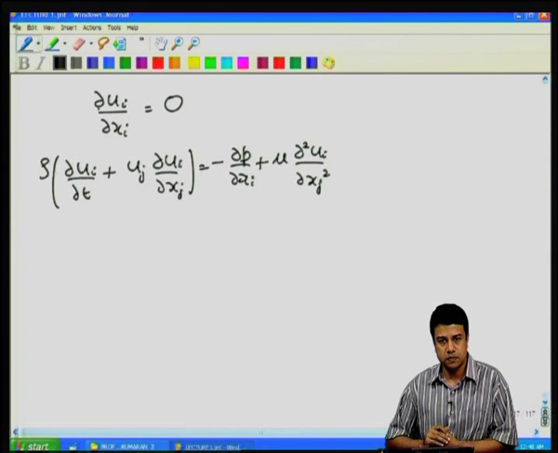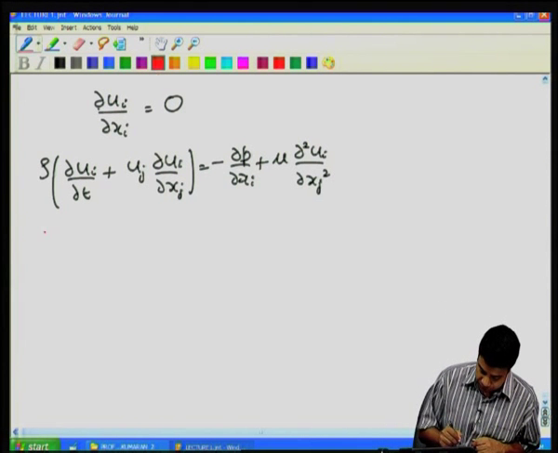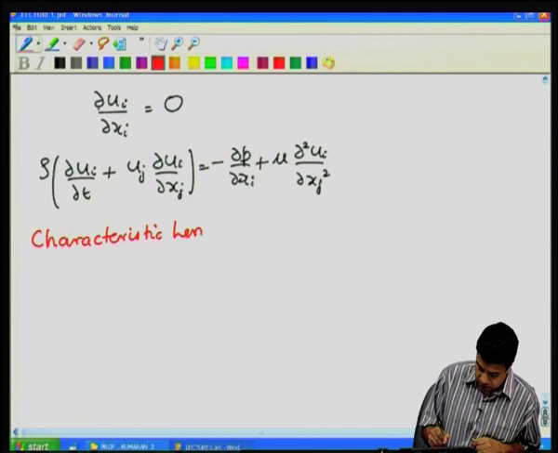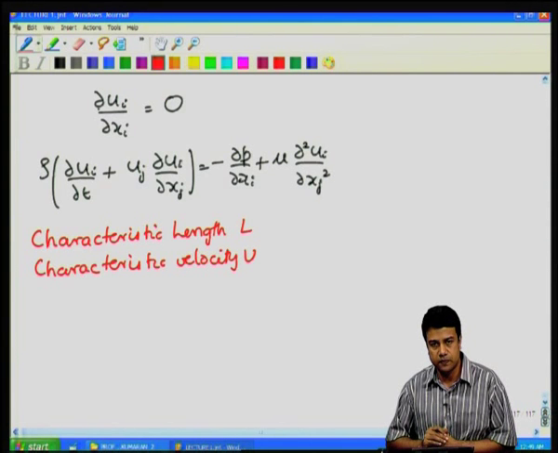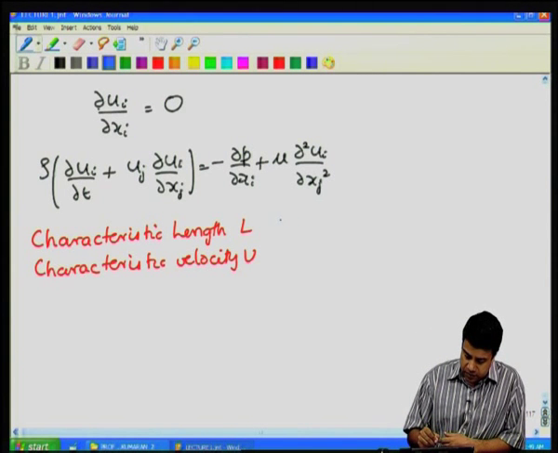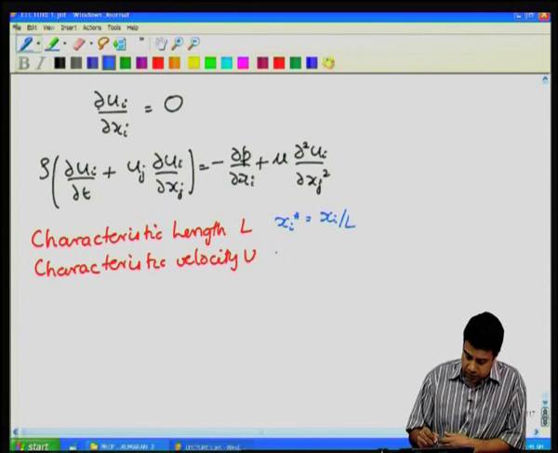And let us take a general problem, we will not specify it too closely at this stage, in which we have a characteristic velocity scale u and a characteristic length scale L. Therefore, I can define a scaled coordinate as x_i star equal to x_i by L and a scaled velocity as u_i star equal to u_i by u.